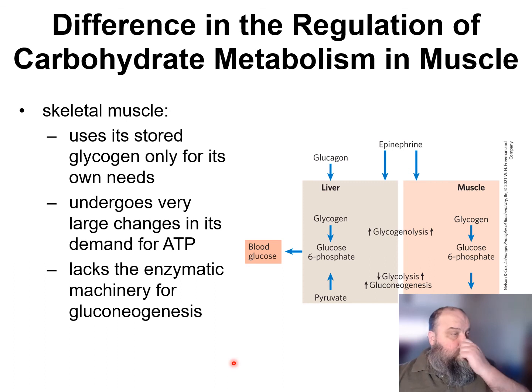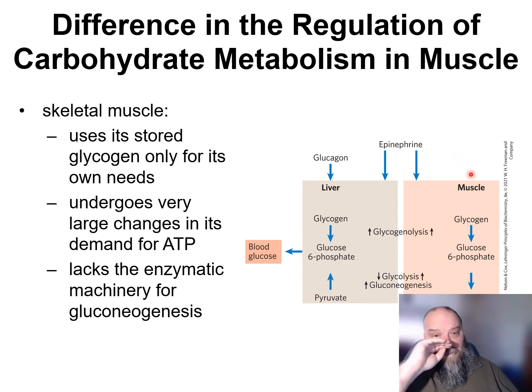Now, a lot of what we've been talking about is dependent upon whether you're talking liver or muscle. Glucagon acts on the liver. Glucagon has absolutely nothing to do with muscle. Epinephrine works on both. Ultimately, muscle glycogen liberates G1P, G1P converts to G6P, G6P enters glycolysis, you get pyruvate, citric acid cycle, oxidative phosphorylation, ATP levels shoot up. Liver, well, it depends. Was it the glucagon or was it epinephrine?